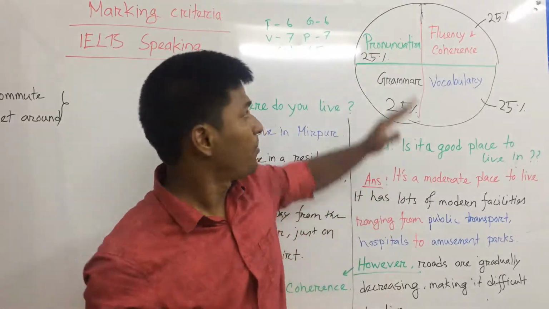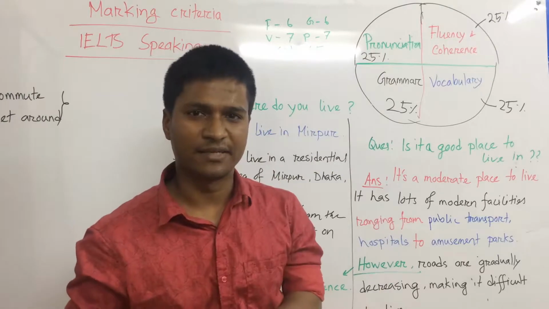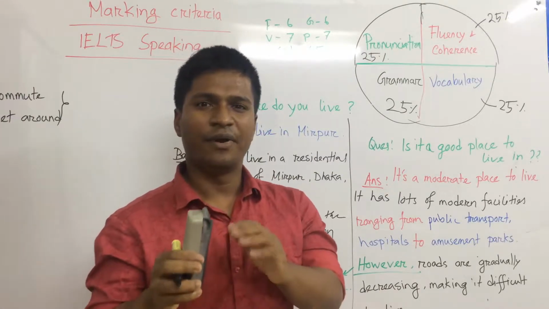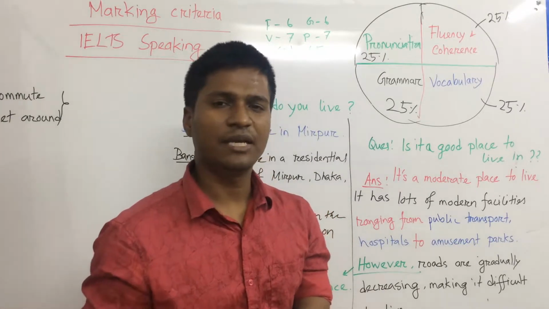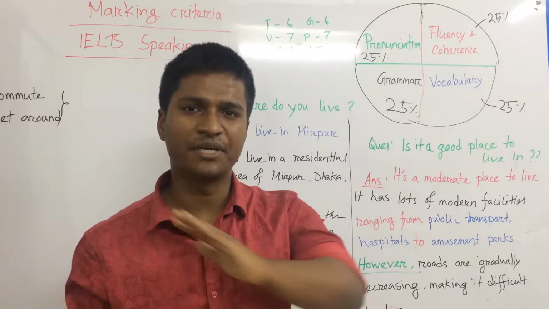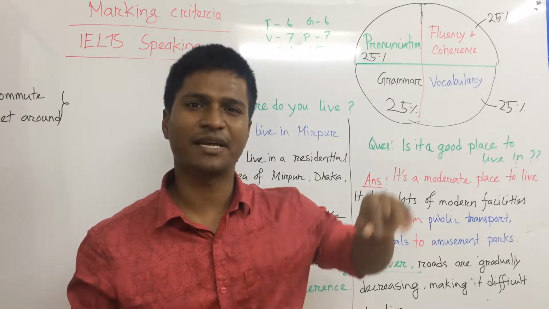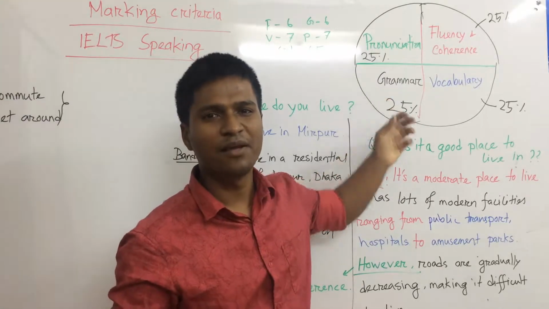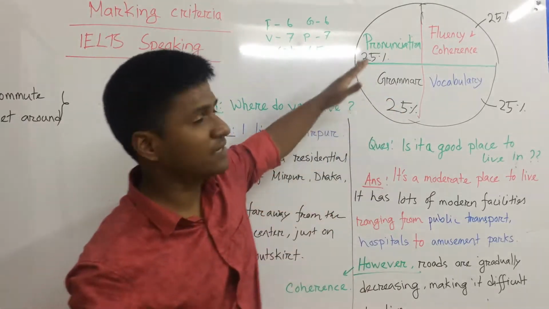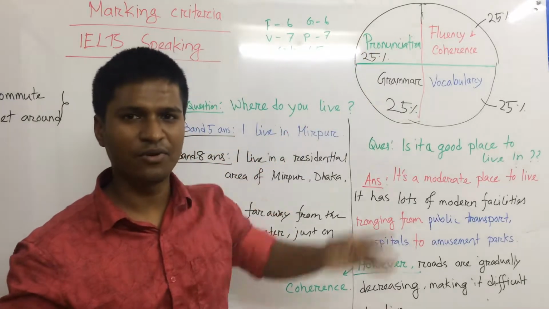By the way, pronunciation is not about accent, so whenever you are taking your IELTS, you don't need to worry about British or American. With my Bengali accent, I got 8 in IELTS speaking, so it's not about accent. Pronunciation is something else. We'll look over it.